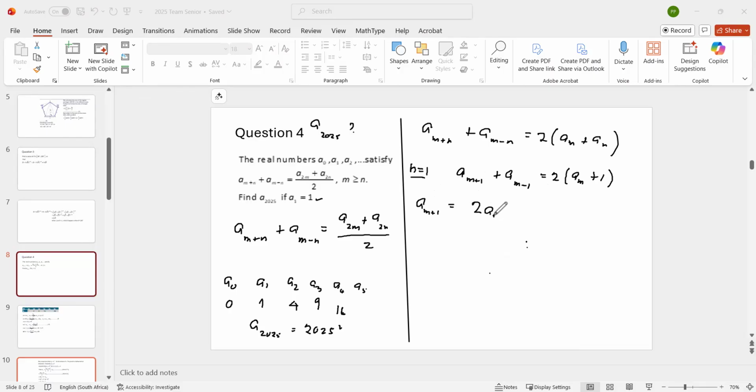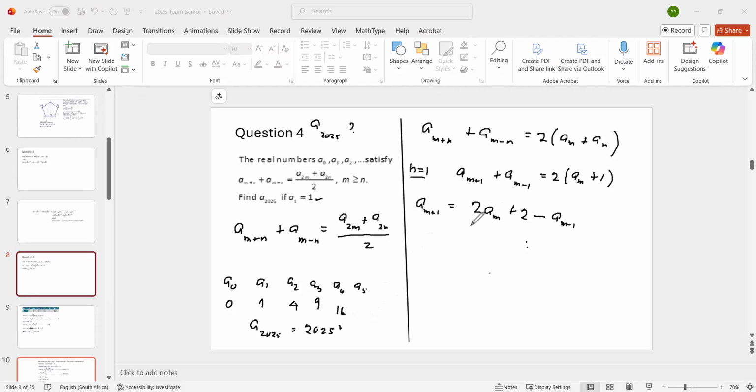It's 2a_m plus 2 minus a_(m-1). So a given term is in terms of the previous, and the one just before that. So what's the rule?